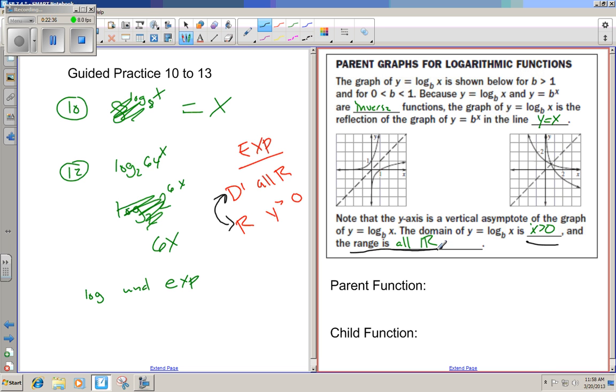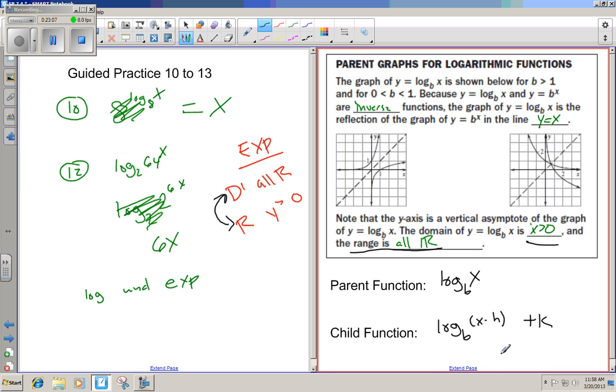So the parent function looks like this. The parent function is log base b of x. The child function is log base b of x minus h, plus k.